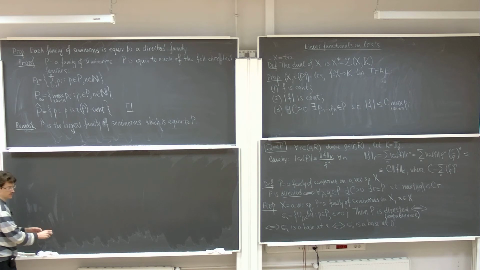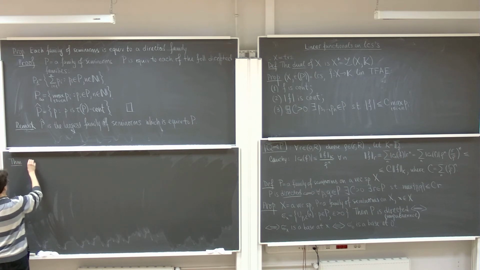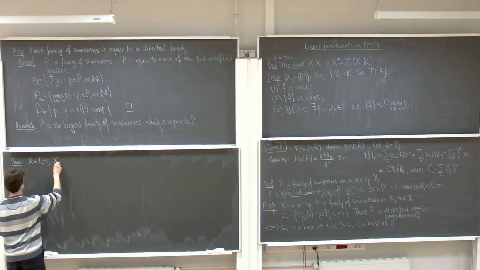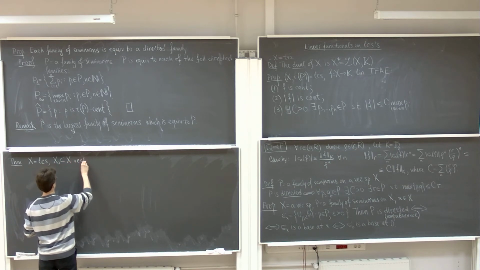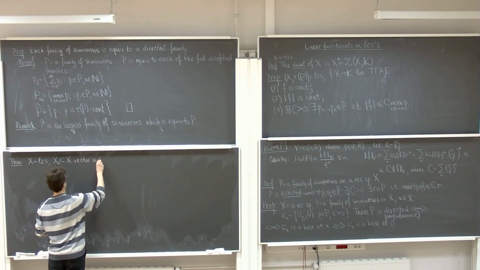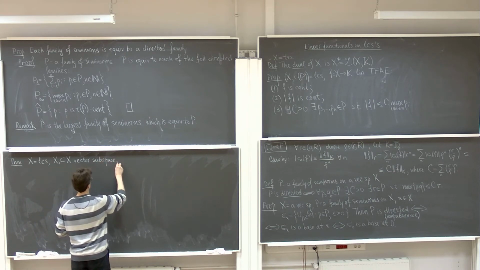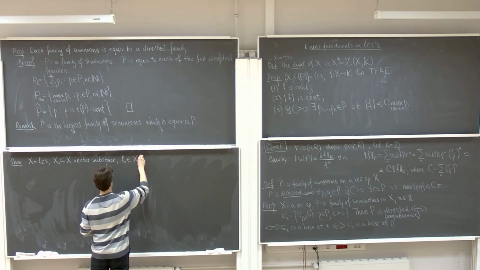We now have the following extension theorem for continuous linear functionals. A theorem. Suppose that X is a locally convex space, and X0 is a vector subspace of X. And suppose that F0 is a continuous linear functional on X0.